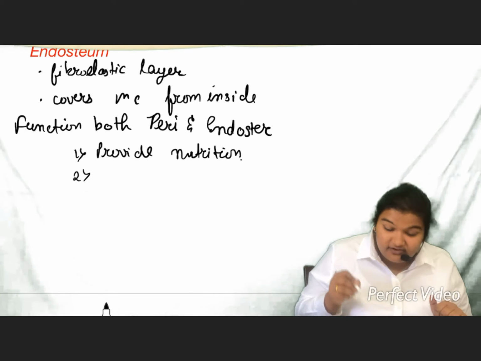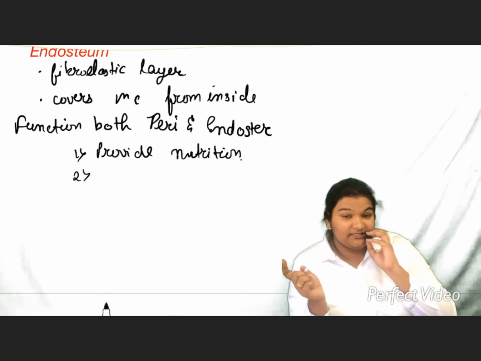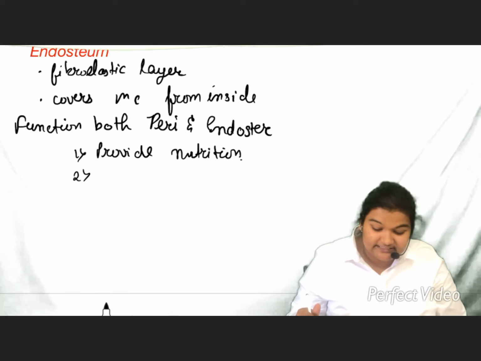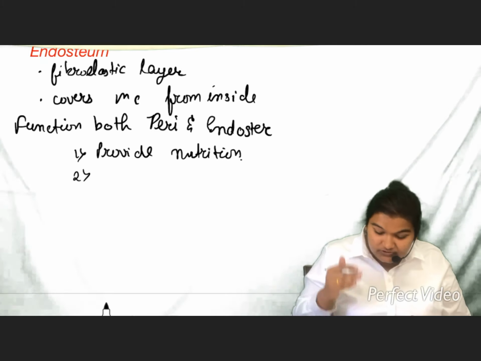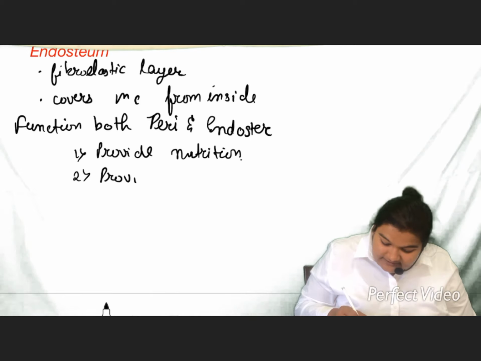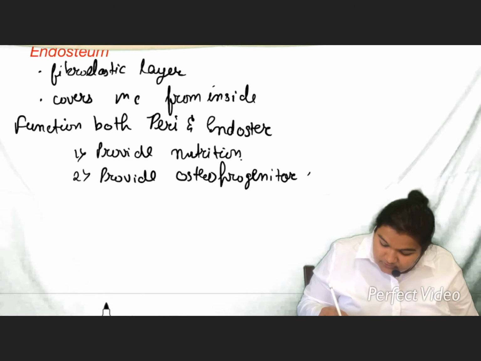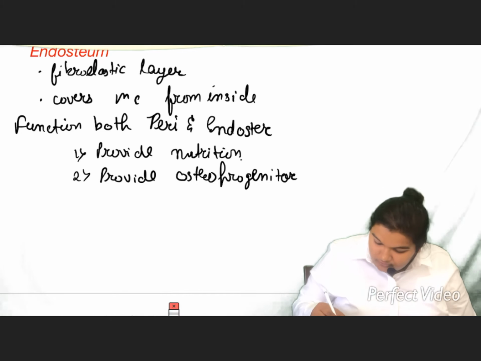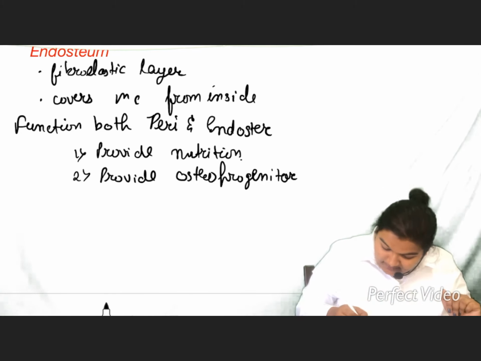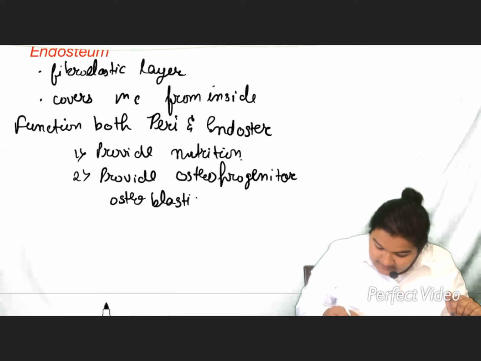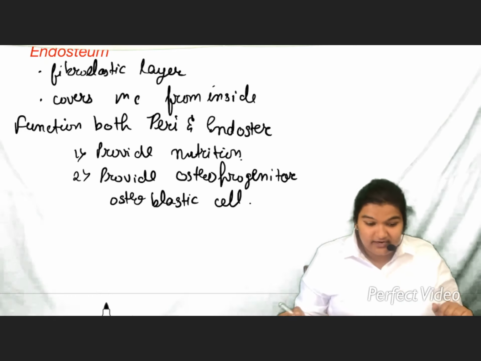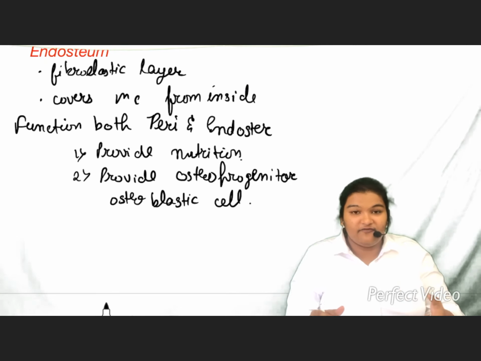And as I mentioned while seeing the figure, we get osteoprogenitor cells beneath these, so it provides osteoblastic cells. So this is all the part of anatomy of bone.